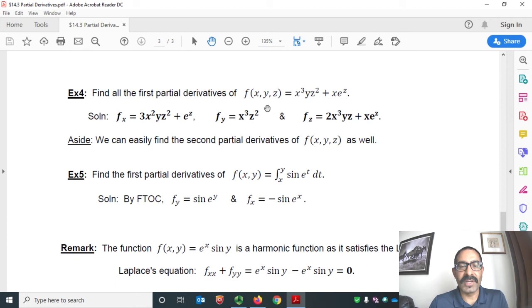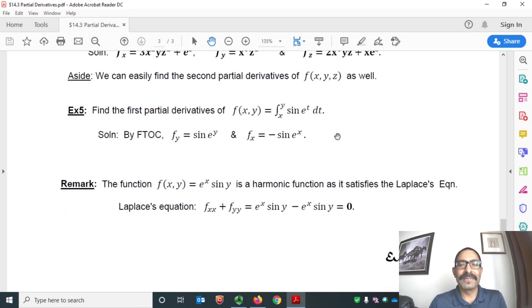So here y z squared is constant, x cubed becomes 3x squared, plus here e to the z is constant, and the derivative of x with respect to x is 1, so simply e to the z. Similarly fy, similarly fz. I hope this makes sense to you all. Aside, we can easily find the second partial derivatives of a function of 3 variables as well.